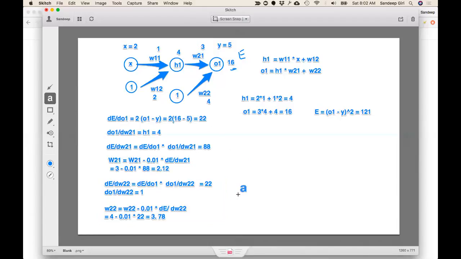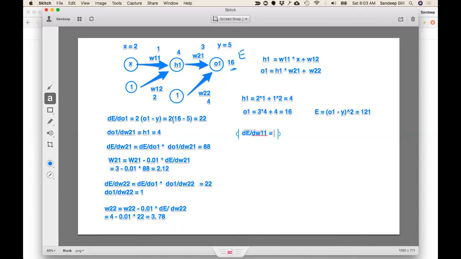Okay, now in a similar fashion, we're going to go one more step further, and now is the turn of these parts. The rate of change of error with respect to W11, how much is that?